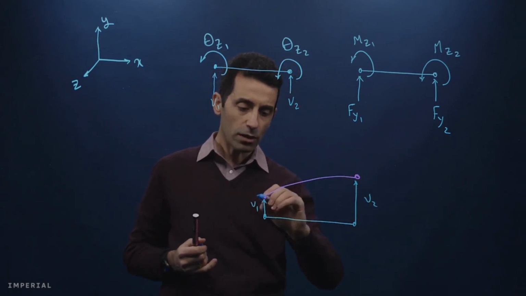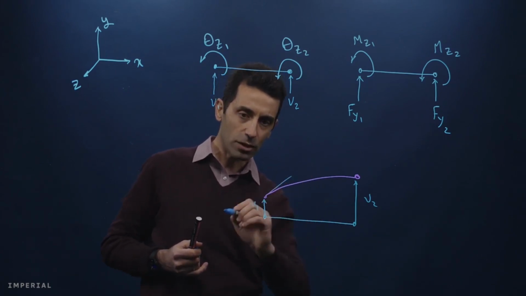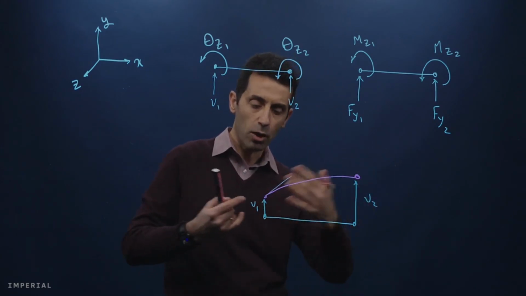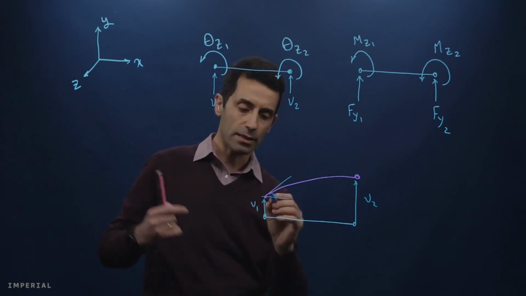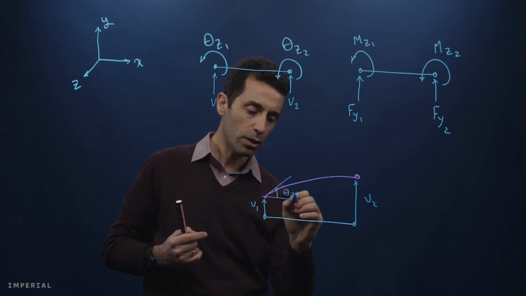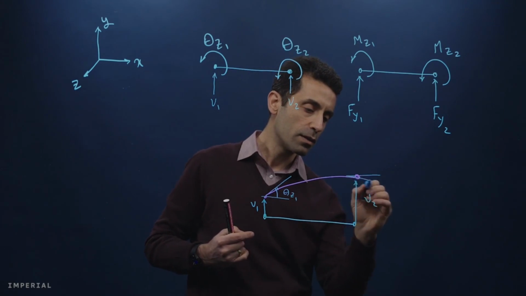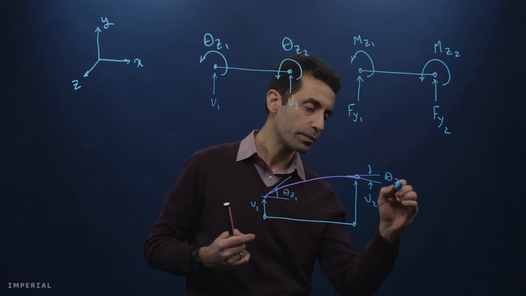So rotation is the angle between the tangent to this displacement plot, displacement diagram, and the x-axis. So this is theta Z1, and this one gives us theta Z2.